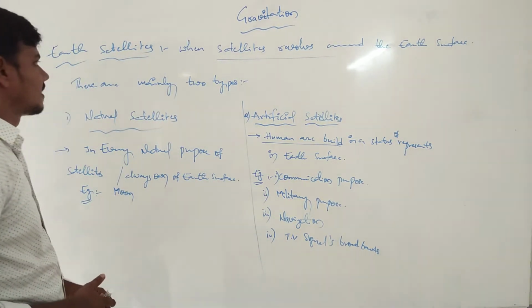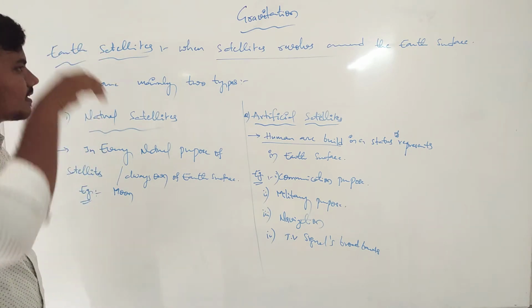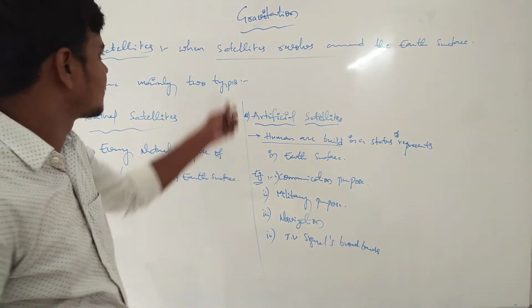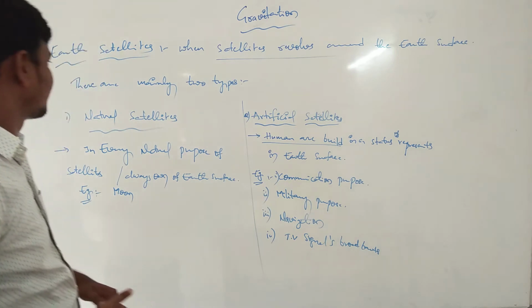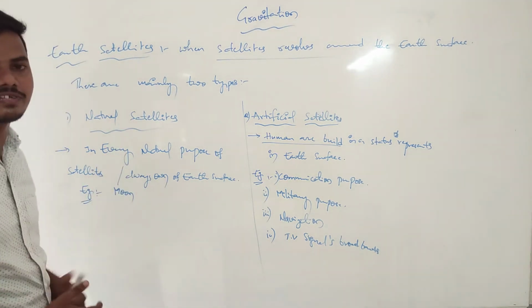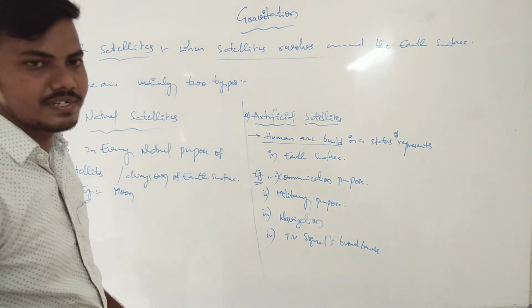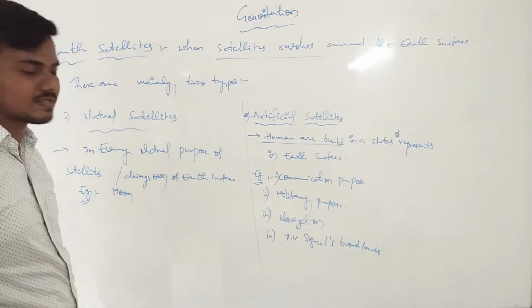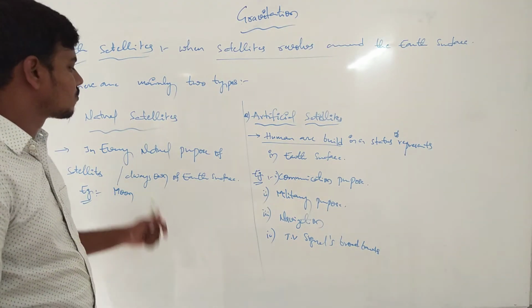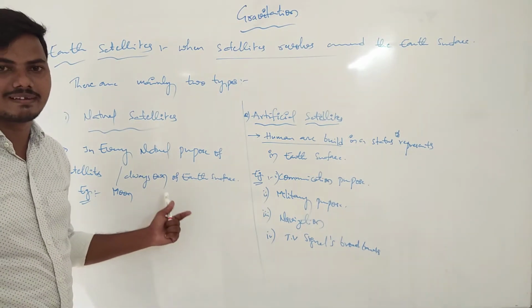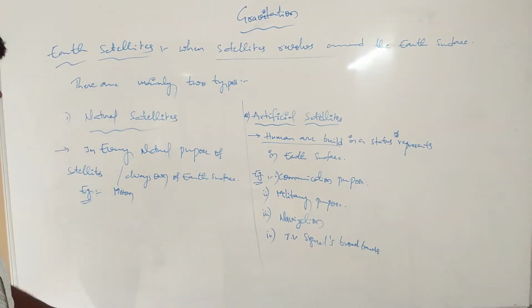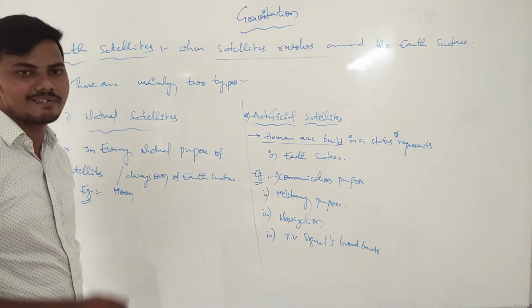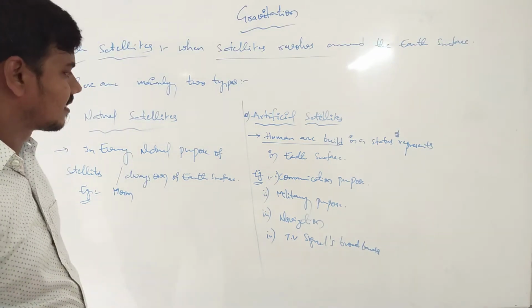Now, an Earth satellite is when a satellite revolves around the Earth. There are mainly two types: natural and artificial. A natural satellite always revolves around the Earth, and the best example is the Moon.